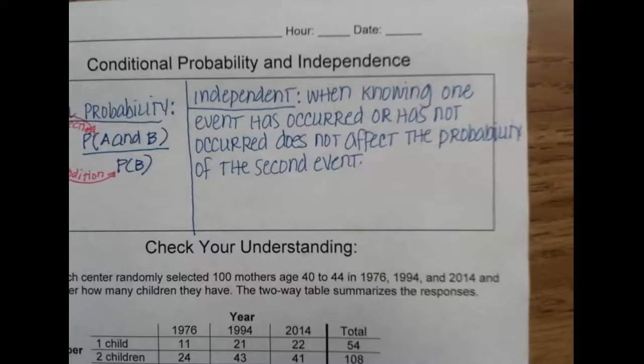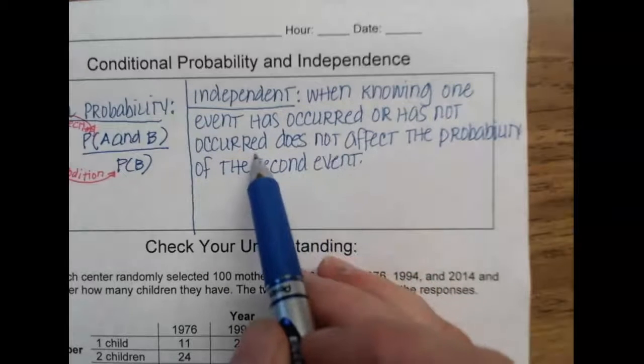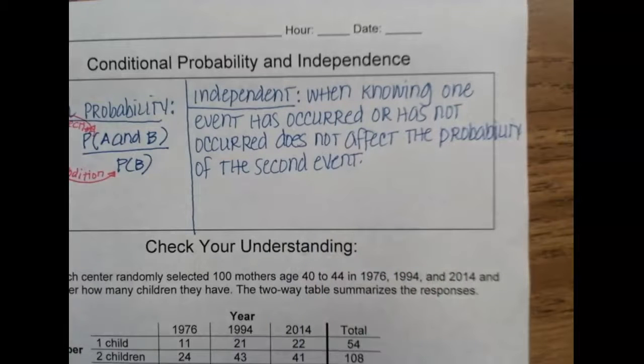All right, so independent means knowing one event has occurred or not occurred, so that would be B or B complement, does not affect the probability of the second event. It doesn't matter whether it happened or not. The second event is going to be what it is. It doesn't matter that we got 10 heads in a row. The next event is 50-50 heads or not.